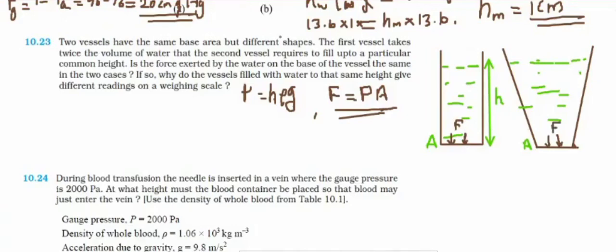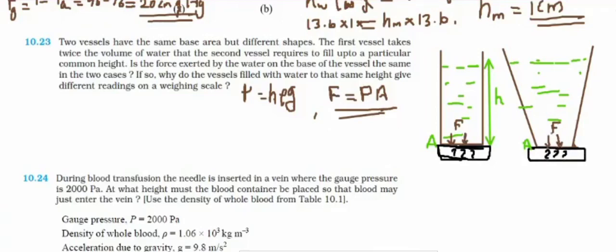Now, the next step: both these containers are placed on a weighing machine. The same force is acting at the base area. Now, the question is whether the weighing machines will show the same reading or not, because the weighing machine is measuring the force acting there.